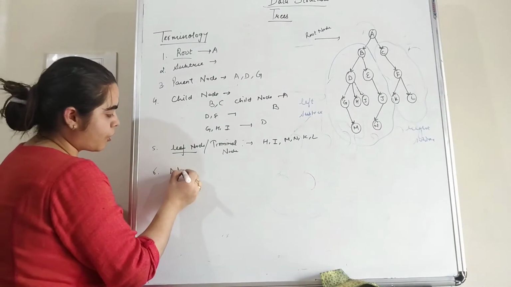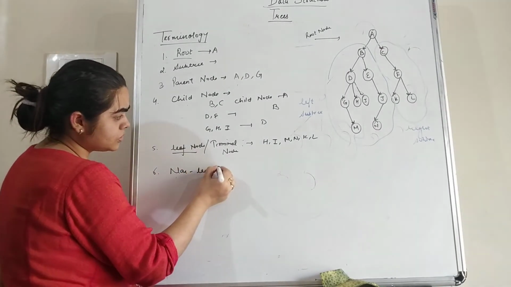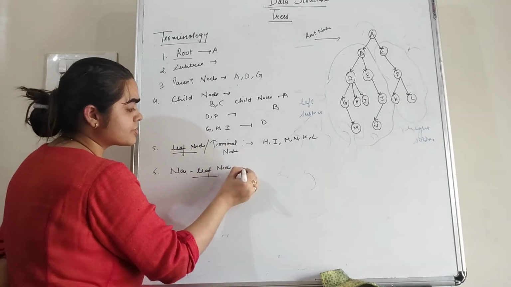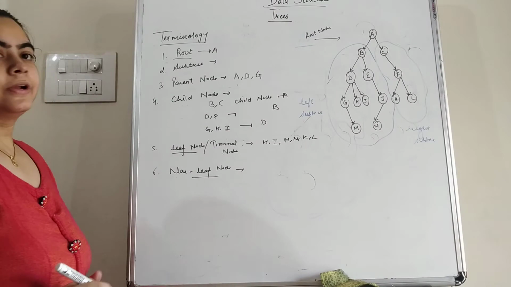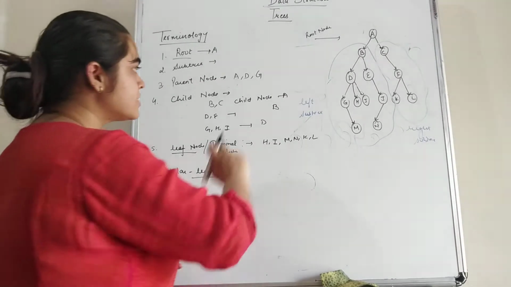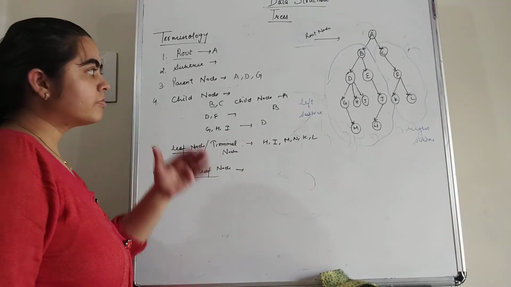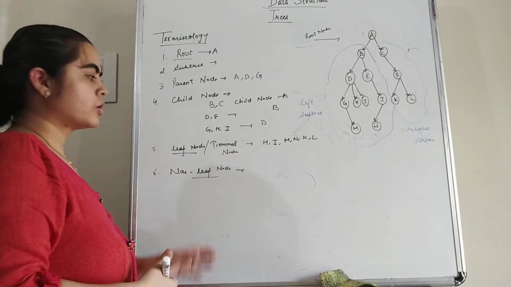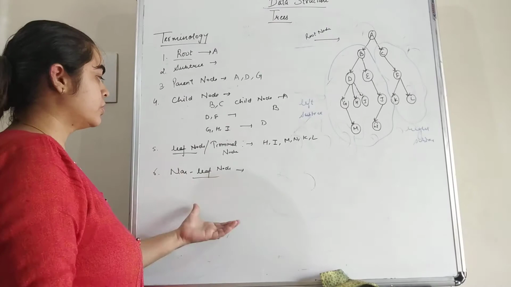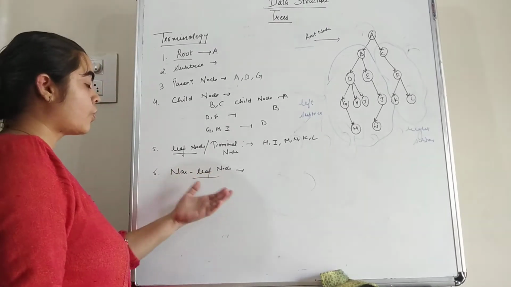Next one is the non-leaf nodes. Non-leaf nodes are the nodes which have any child, that is, equivalent to the parent node. So in this tree, the nodes which have further nodes connected with them are non-leaf nodes, or the node which has a child is a non-leaf node.